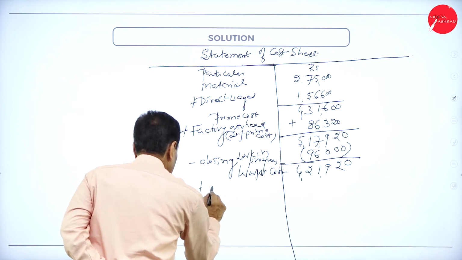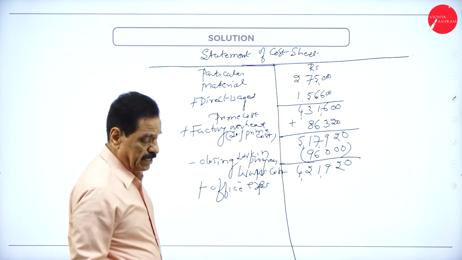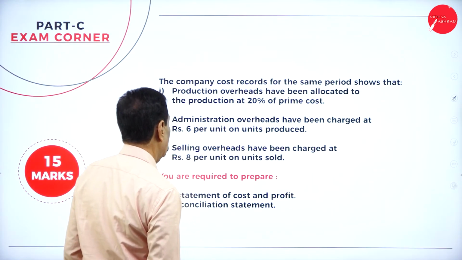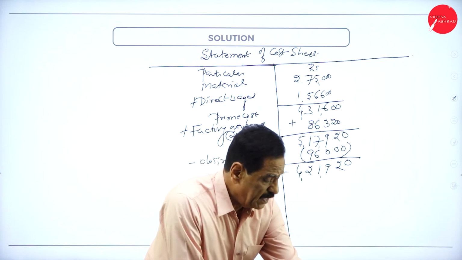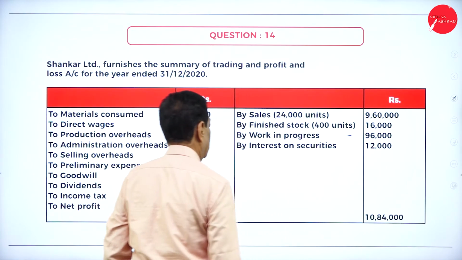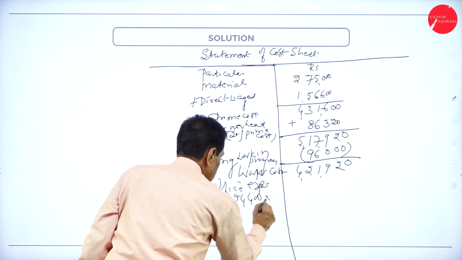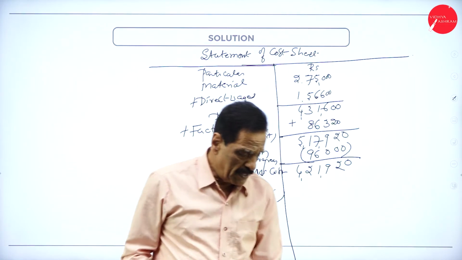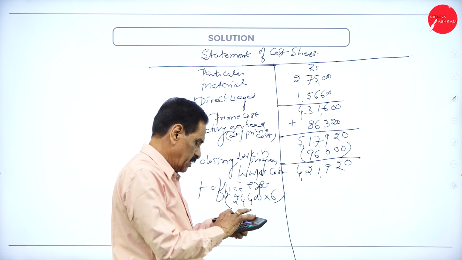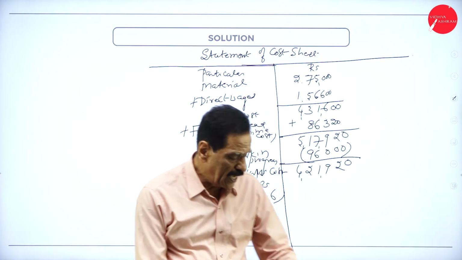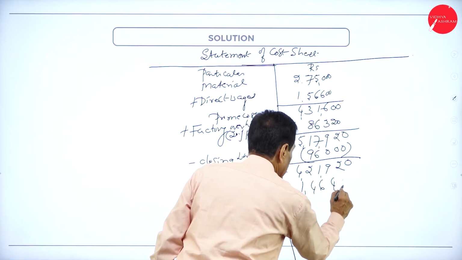Add office expenses. What does the problem say? 6 rupees per unit produced. See that, 24,000 plus 400, 24,400 units at rupees 6. 24,400 into 6, so 1,46,400.